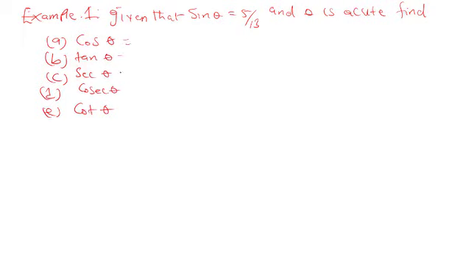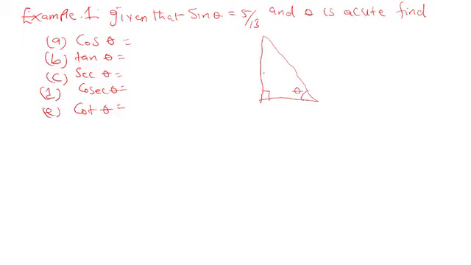Now with this, what we need to do is to produce the right angle triangle before we start solving. So this is a right angle triangle with this point being 90. This is the value of our theta. Let me explain this, and theta being acute. Acute angles are angles that are less than 90 degrees.